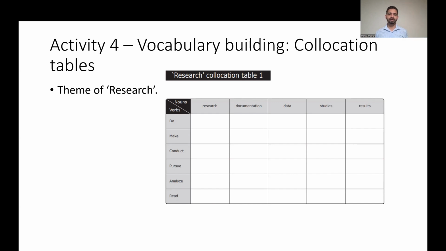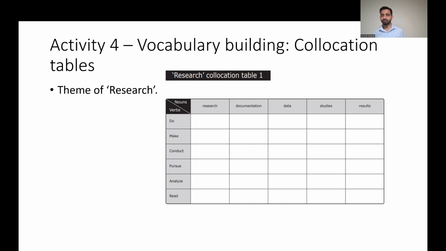And we've got some verbs vertically: do, make, conduct, pursue, analyze, and read. I want you to think of this table and put a tick if these two words go together. And put a cross in the box if you think these two words don't go together.